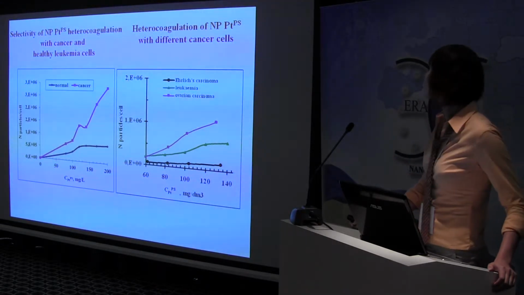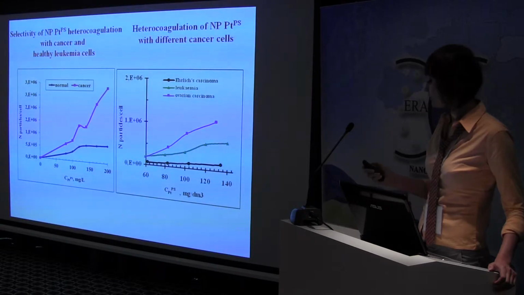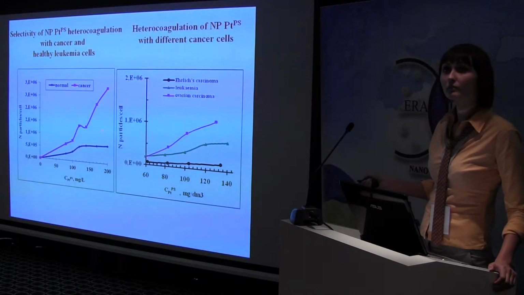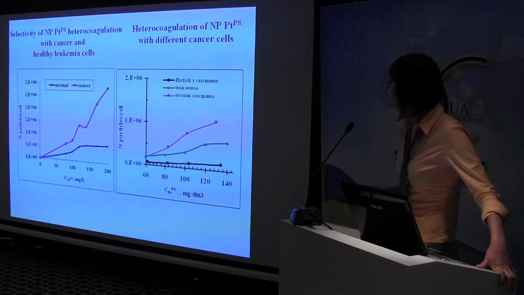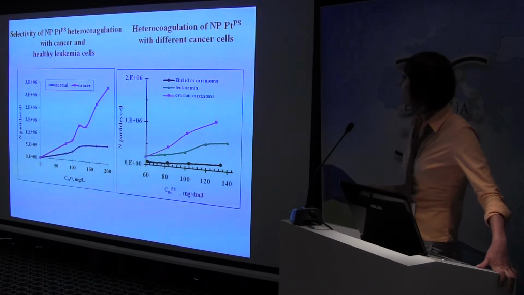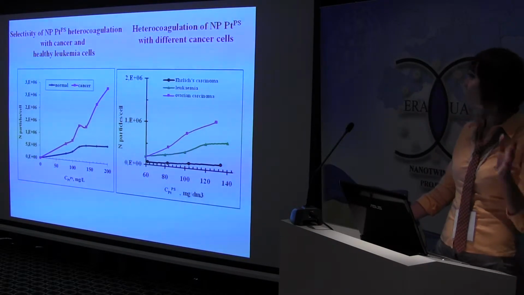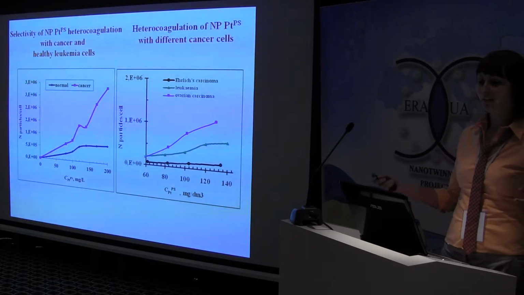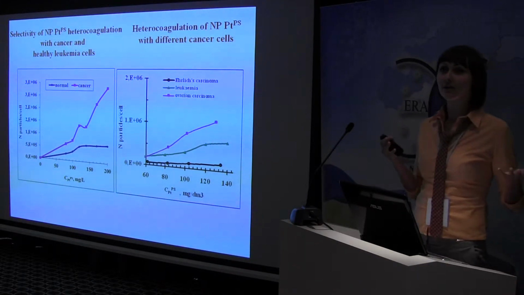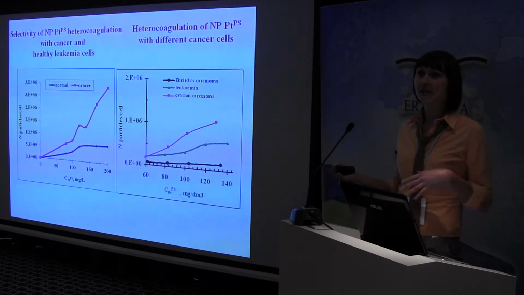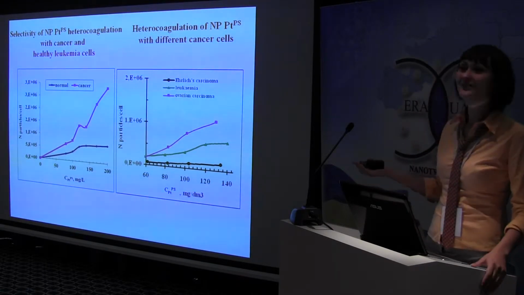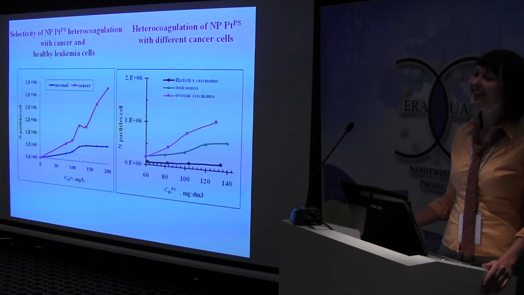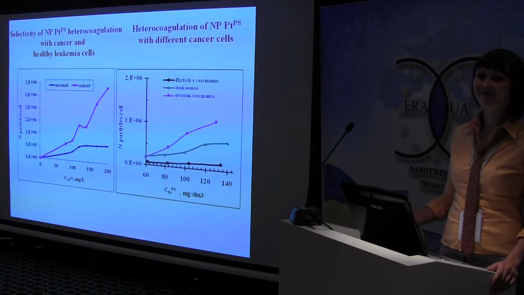I mean the left one, the title of your graph. What is healthy leukemia cells? Not healthy leukemia cells. It was leukemia cells and their healthy analog. It's lymphocyte. So this is a mistake. Yeah, sorry.